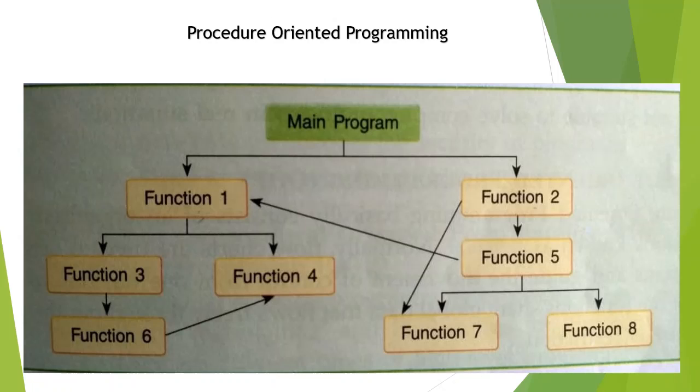Each function performs a different task, and each function has its own data, called local data. In procedure-oriented programming, all the functions share the global data. So the data moves openly and freely around the entire program from one function to another function.